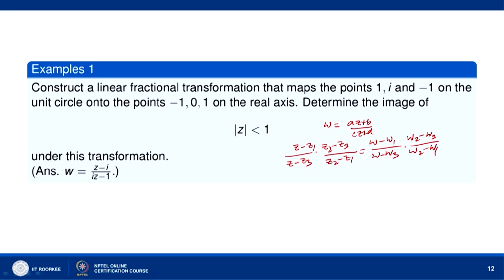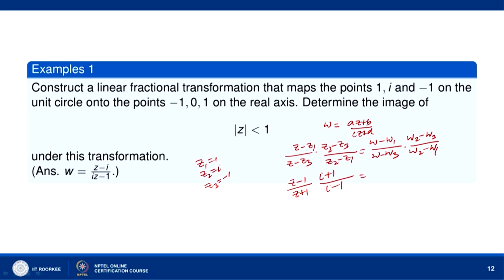So, here we can put the values: z1 is 1, z2 is i and z3 is minus 1. So, z minus z1 is z minus 1, divided by z minus z3, that means z plus 1, and z2 minus z3 is i plus 1, divided by z2 minus z1, so i minus 1.